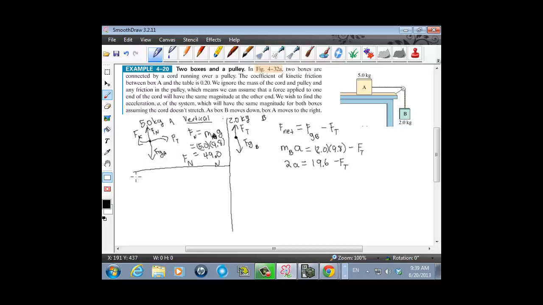So now we can look at our horizontal. And we said we would define the right to be positive. So we have Ft to the right, which we don't know.